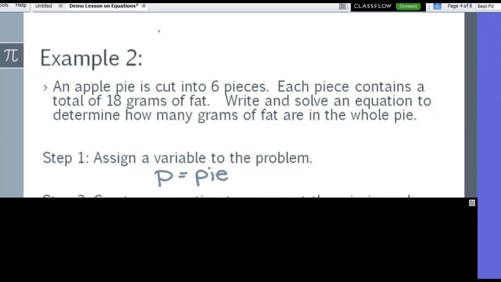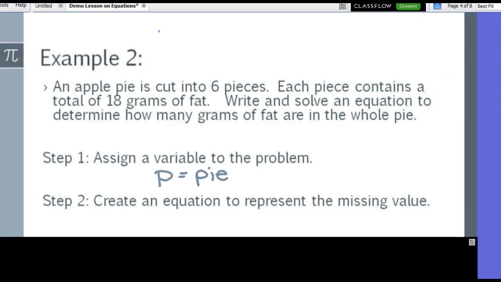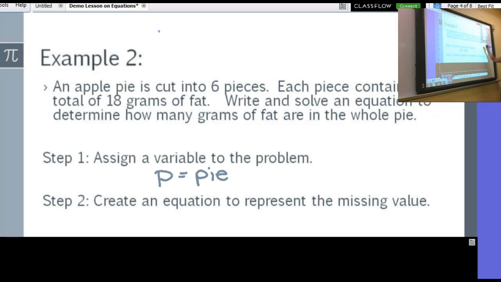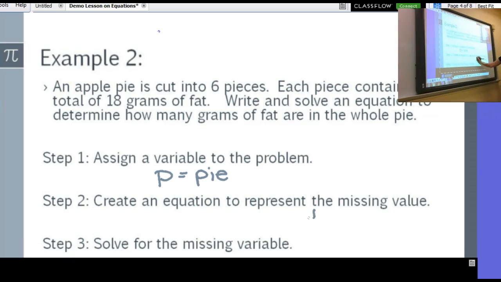We can set up an equation using p and what we know to find out what is the total fat in that entire pie. So we're going to say that 1/6 of the pie, or p divided by 6, is equal to 18. So here we said divided by 6, so the inverse of division is multiplication.